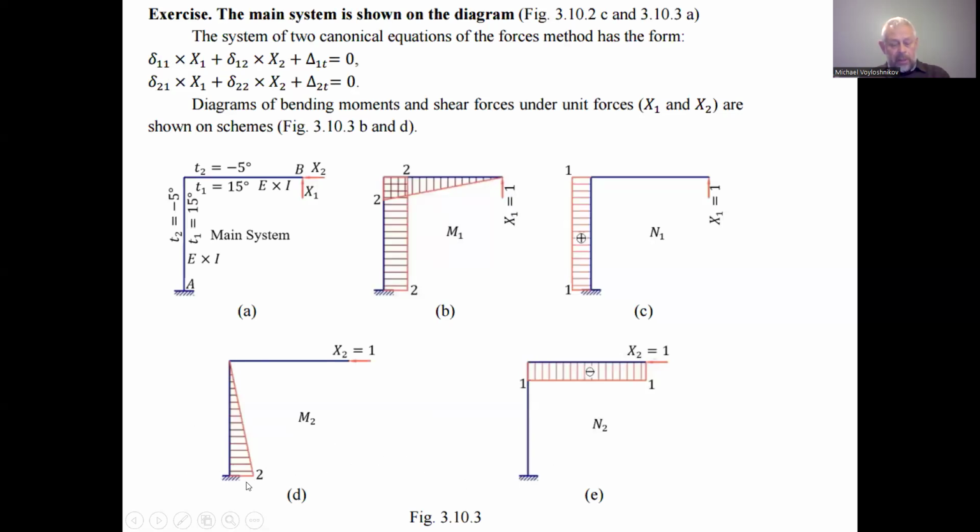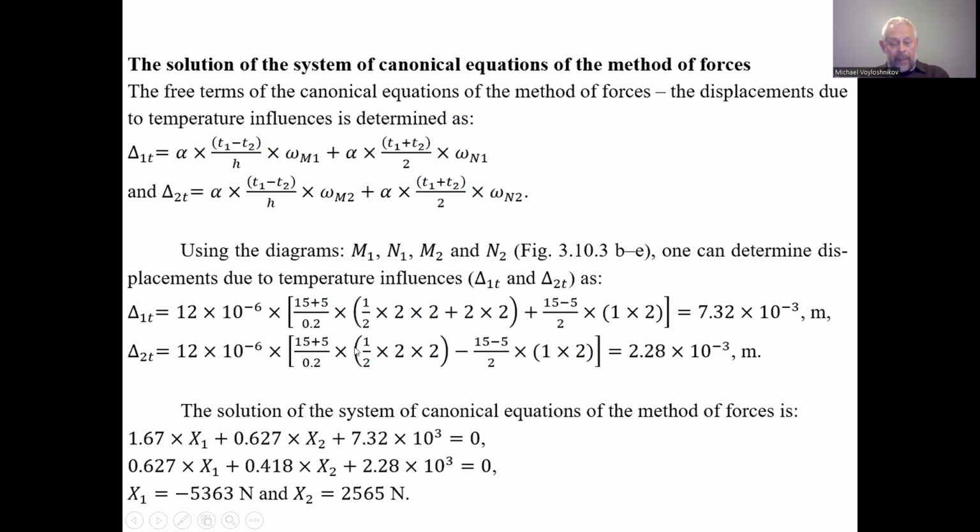bending moment diagram, area 2 by the height 2 and 1/2 for the triangle, 1/2 by 2 by 2. And this is the temperature in the middle line of the transverse section of the mechanical system element, the temperature on two sides together divided by 2.